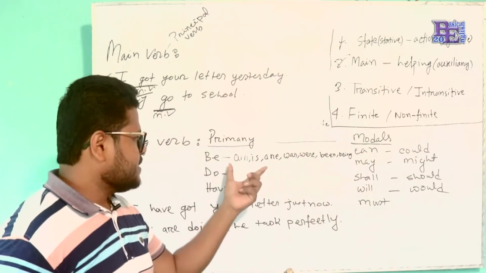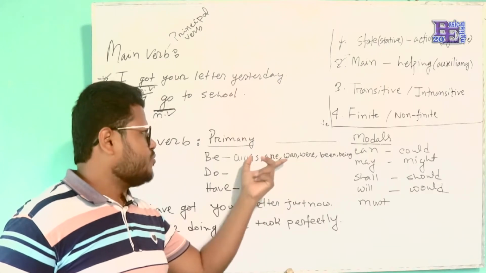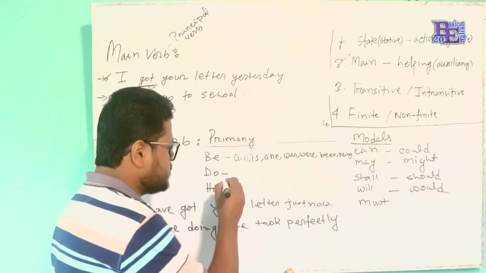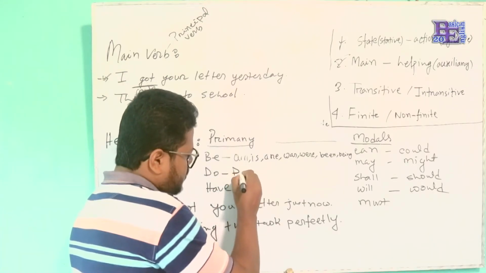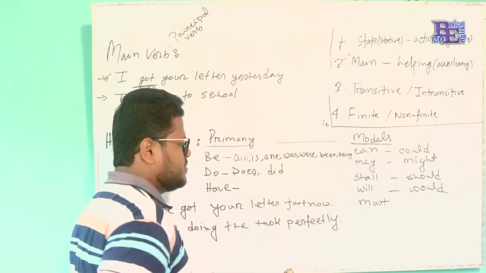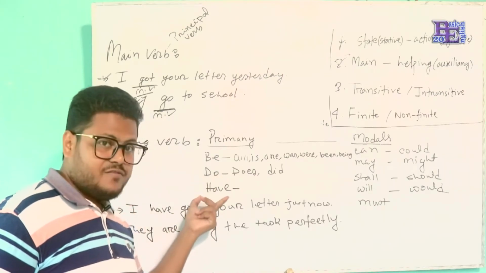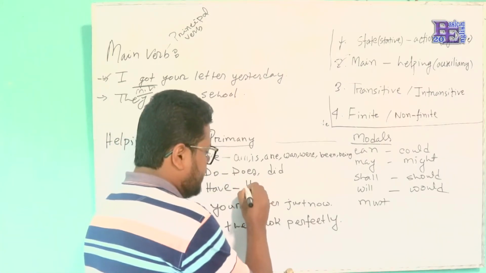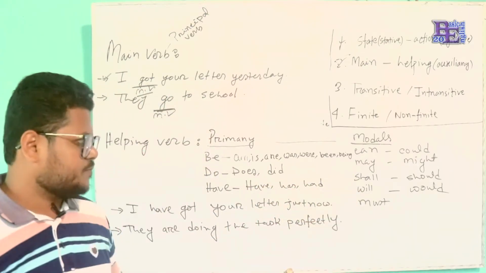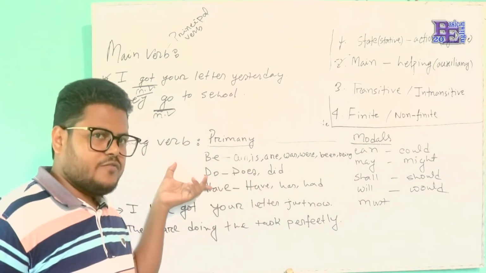These are the forms of be, and they are also used as primary auxiliary verbs. Next, do. It has several forms, that is, does, sometimes did. These are the forms of the verb do. And then have has several forms: have itself, has, and had. They are especially known as primary auxiliary verbs.